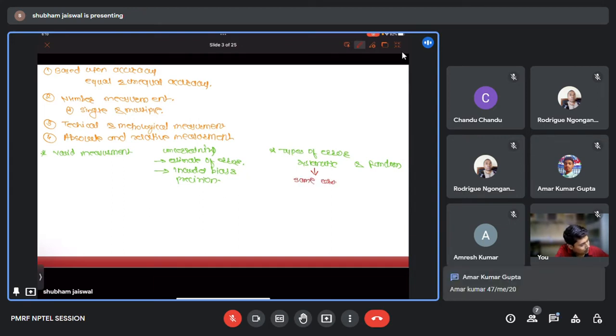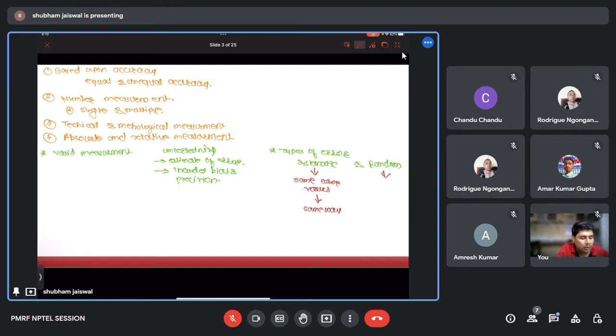Same error values when we perform it the same way. And random error may vary from observation to observation, due to the inability to perform measurements exactly the same way every time.